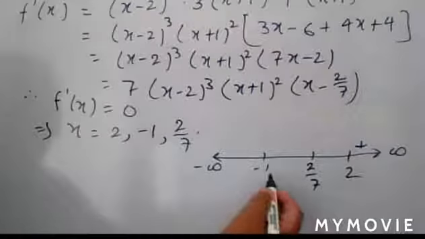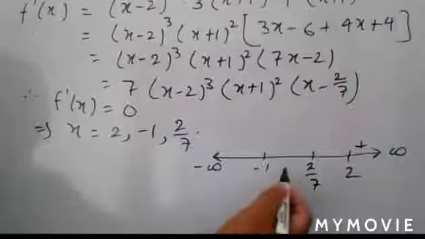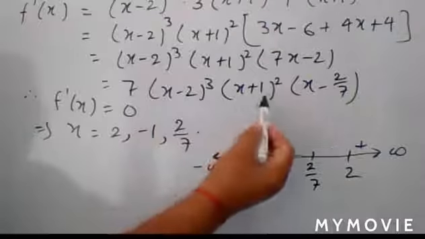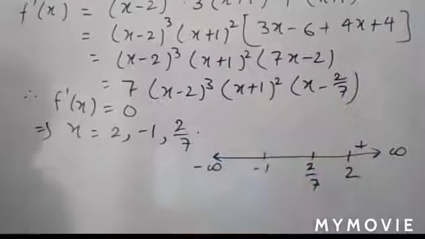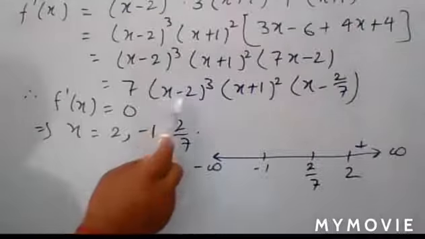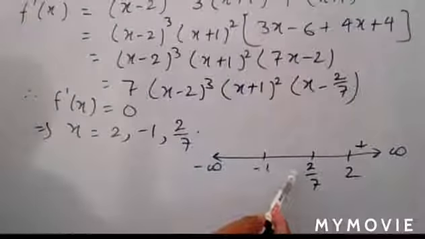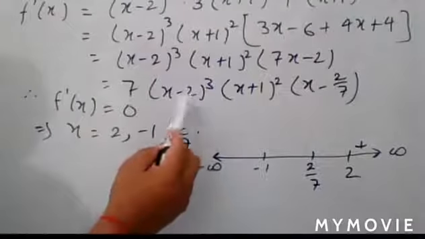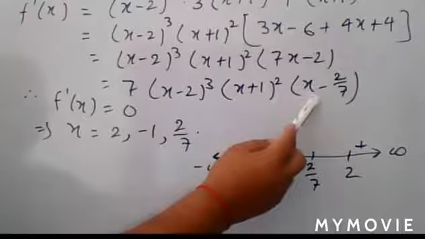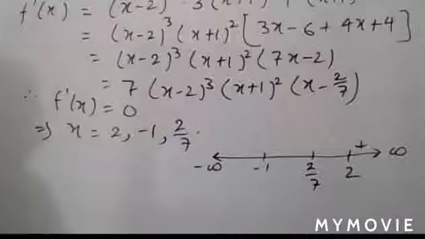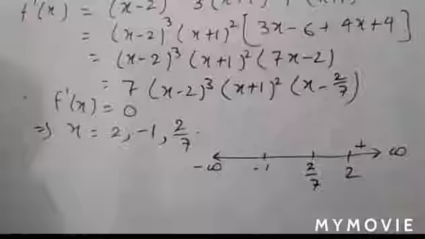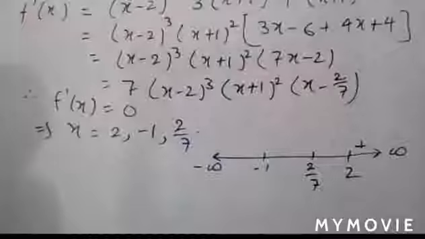Now take any point between 2/7 and 2; here you have negative, positive, and negative, so overall in between 2/7 and 2 the sign is negative.